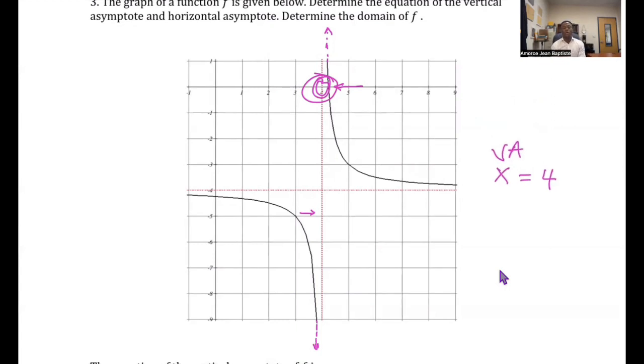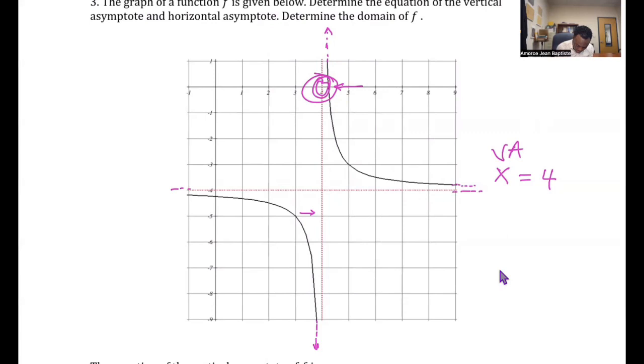Now we're going to look for the equation of the horizontal asymptote. As the graph approaches the line indefinitely, you can already see what value it is.